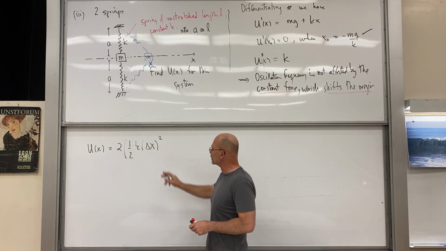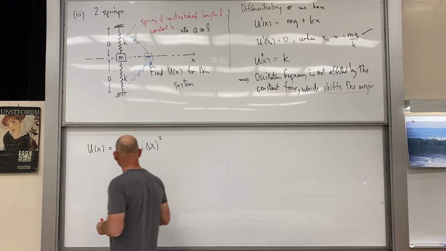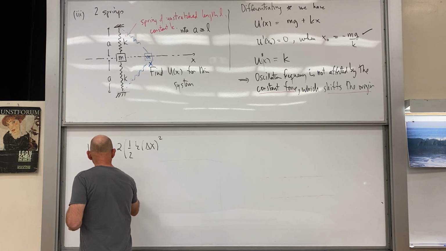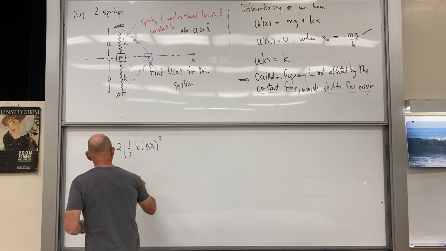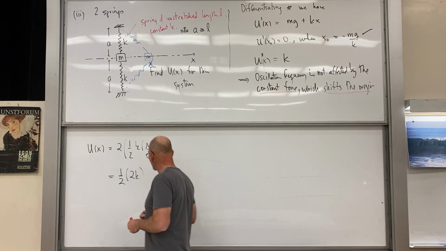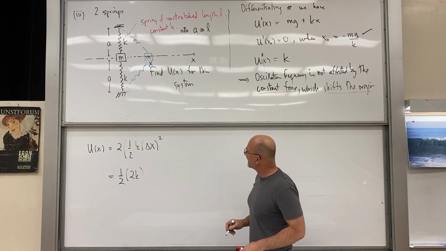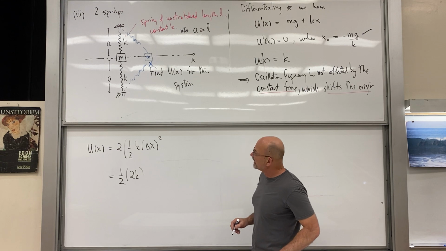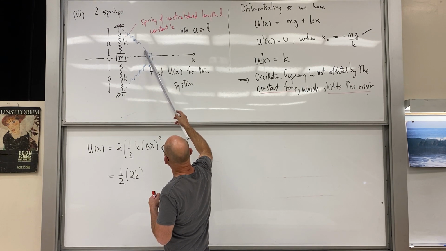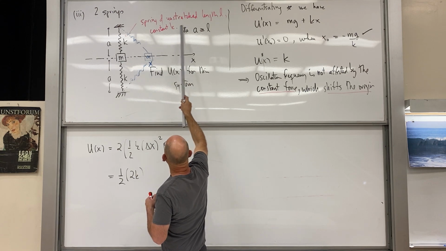But that's what we have to determine. And it's good to keep the 1/2 out front, and then we just have these 2 K's together like that. But what about that delta X squared? There we have to say, what is the length of the hypotenuse minus L?